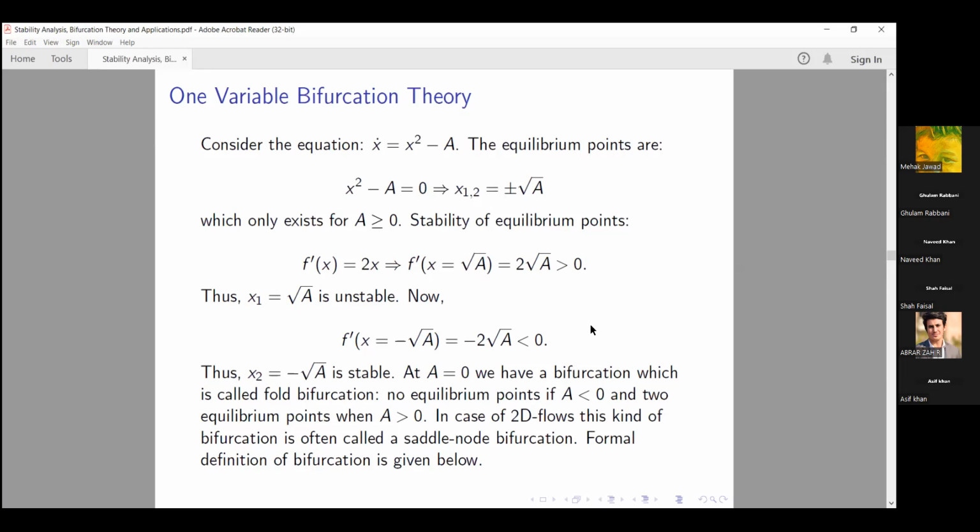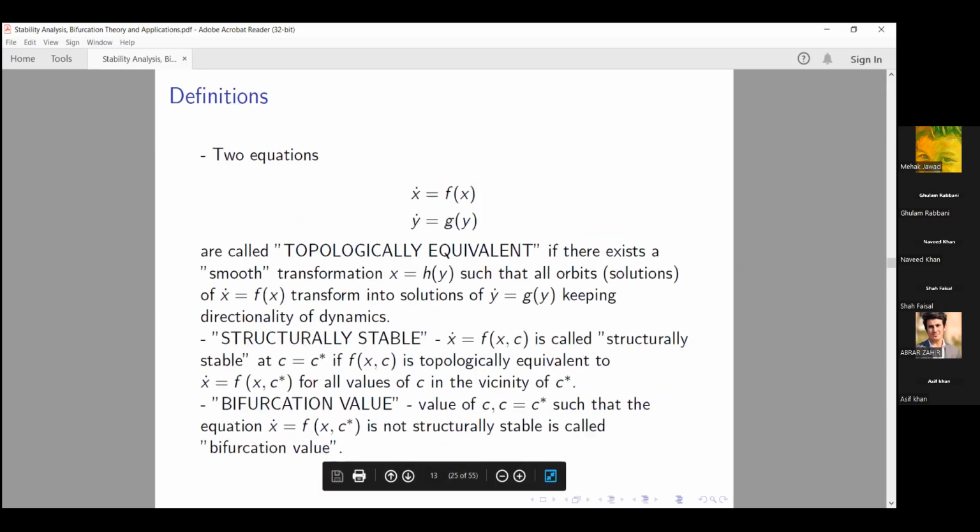So the formal definition of a bifurcation is given below. If you want to see a diagram of the fold bifurcation, we will talk about this later in this presentation. So these are the formal definitions.